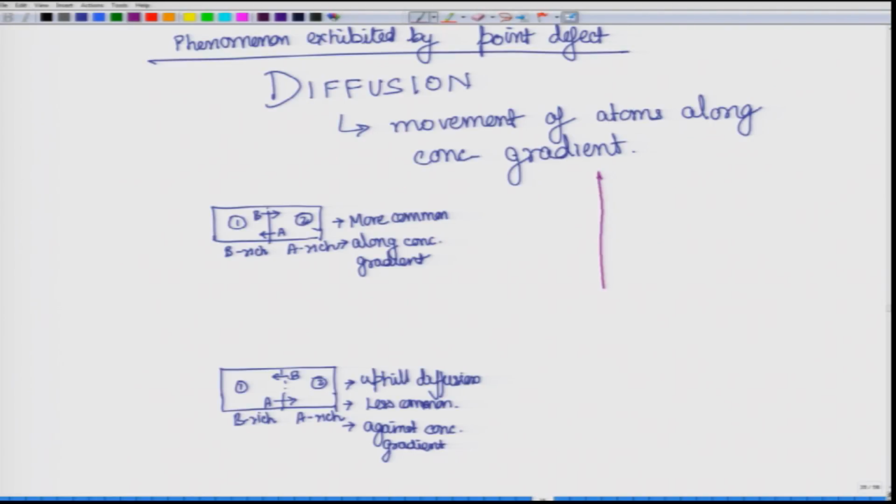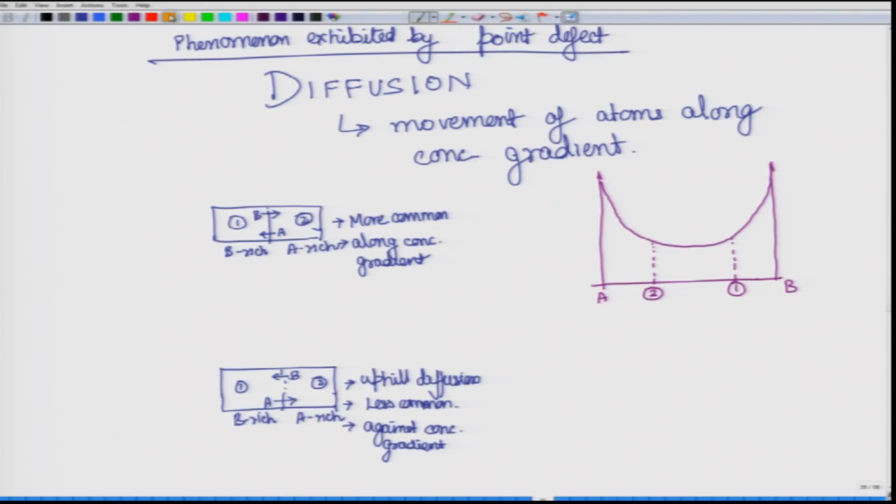So, if we draw the free energy diagram for the two systems, this will look more or less like this. So, this is pure A, this is pure B, and in this particular system we have free energy something like this, and most likely your system 2, which is A rich, is somewhere over here, system 1 which is B rich is somewhere over here.